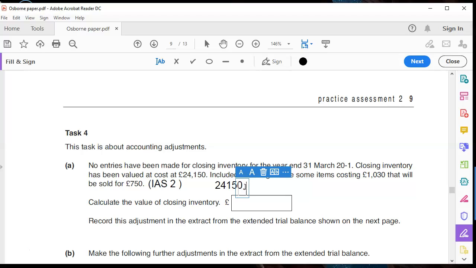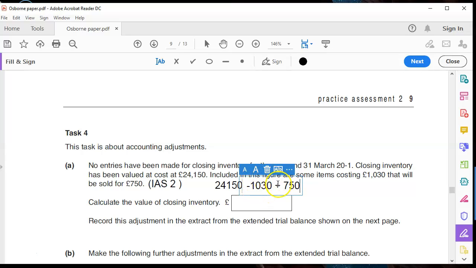So remove the 1,030 and add the 750, because this stock which is worth 1,030 is now only going to be sold for 750. So cost is 1,030 but net realizable value is 750. You want to record the lowest and remove the highest.